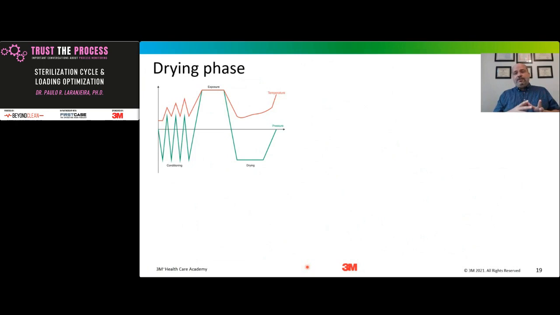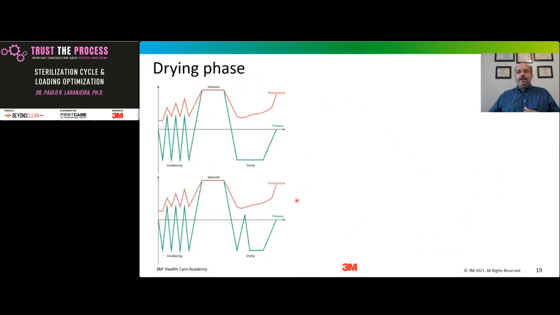The drying phase today, there are some manufacturers that allow you not only to extend the time, but also to add a positive pulse, let's put it that way. This can be either a steam inject or air going into the chamber.